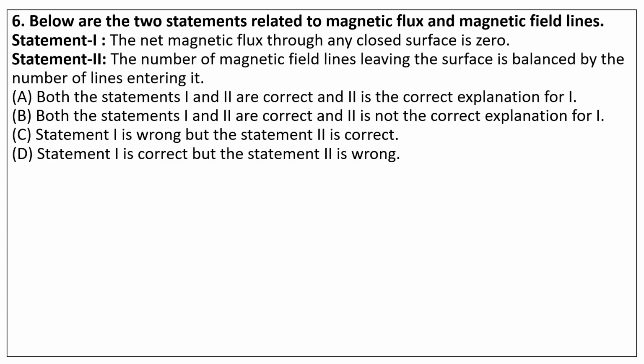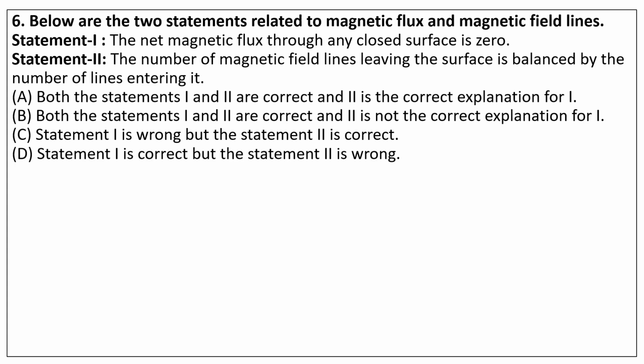6. Below are the two statements related to magnetic flux and magnetic field lines. Statement 1. The net magnetic flux through any closed surface is 0. Statement 2. The number of magnetic field lines leaving the surface is balanced by the number of lines entering it. A. Both the statements 1 and 2 are correct and 2 is the correct explanation for 1.